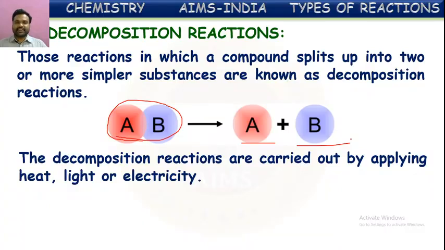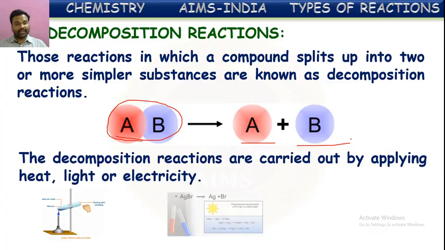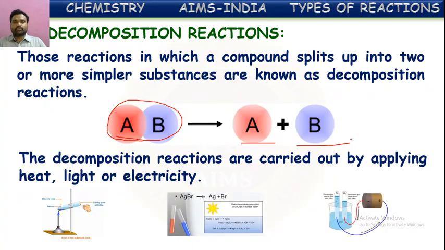The decomposition reactions are carried out by applying either heat, light or electricity. So to decompose a substance into two or more new substances, it needs either heat or electricity or sunlight. In the presence of these, decomposition reactions generally occur.